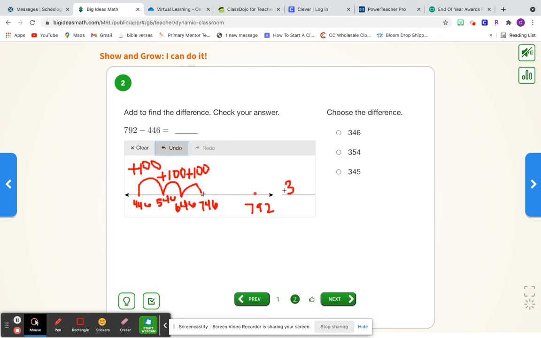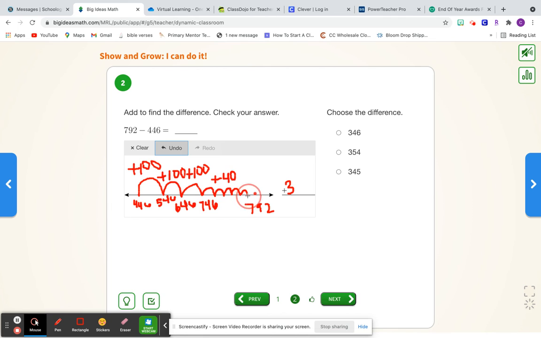Now we're going to go up tens. So 746, 756, 766, 776, 786. I cannot go up another 10 because it's going to get past that. So that's 1, 2, 3, 4 tens. So that's 40. And I'm at 786.